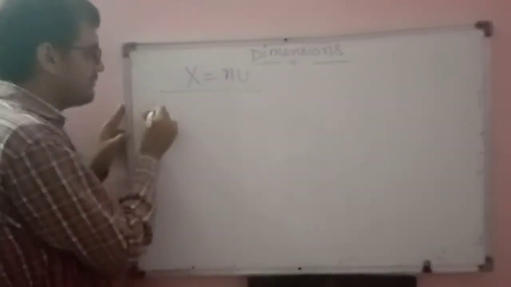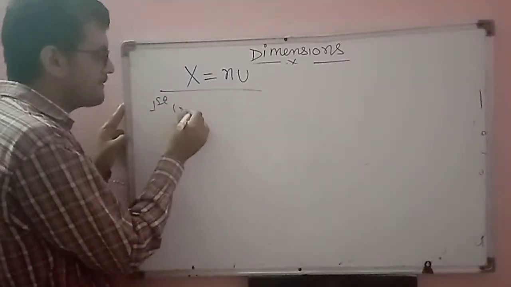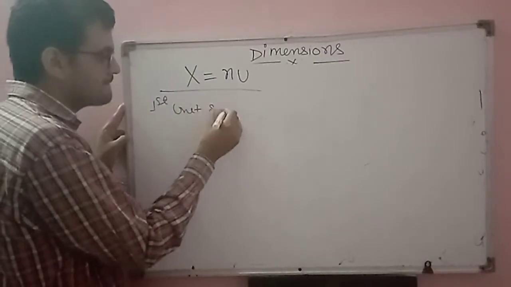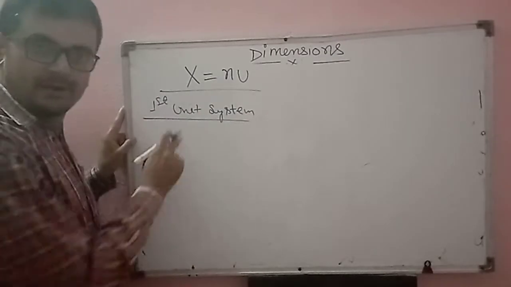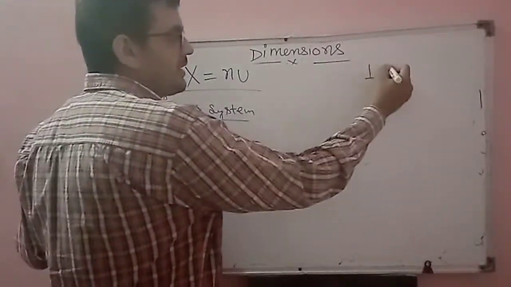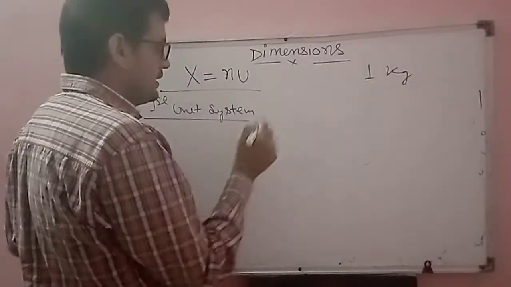Suppose in the first unit system, as I told you, 1 kg sugar.